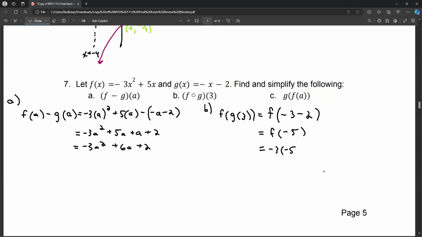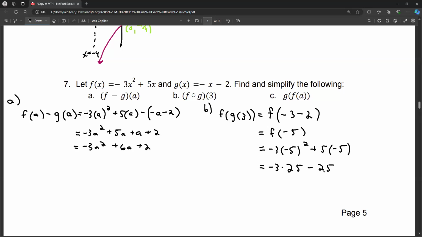So let's go ahead and see what that looks like. Plugging in negative 5 to everywhere there's an x. Okay, so we have our work cut out for us here. Negative 5 squared is equal to 25. So we have negative 3 times 25. And here, 5 times negative 5 is minus 25.